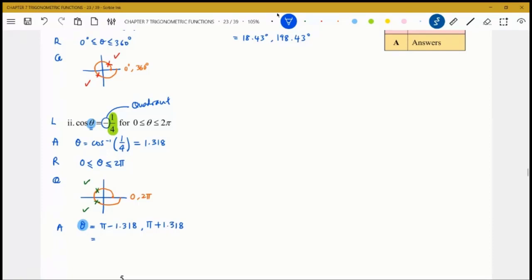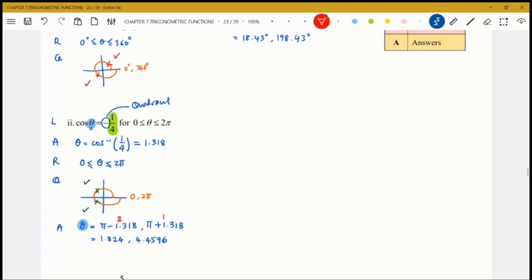Okay, so using the calculator, we can have it in terms of decimal. So on the second quadrant, we have it the value which is 1.824. And then on the third quadrant, we have it 4.4596. Okay, so ini adalah pada kuadran kedua.